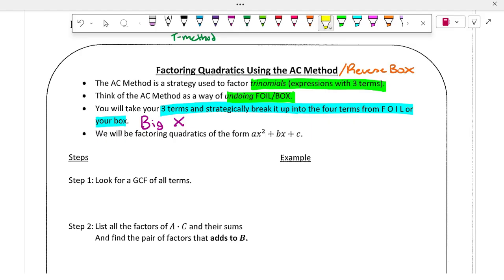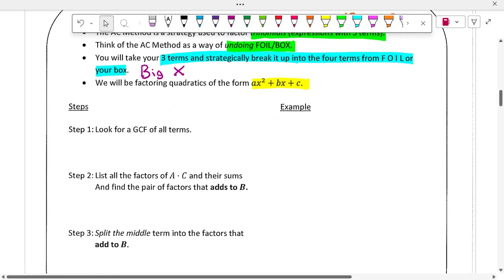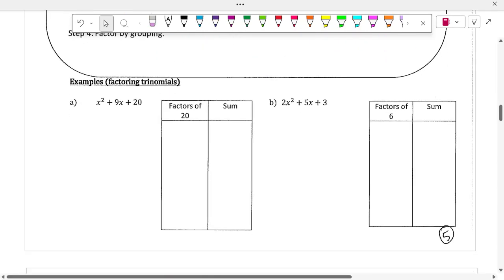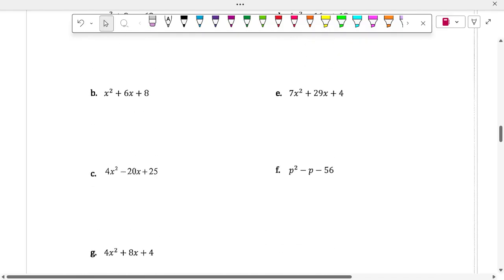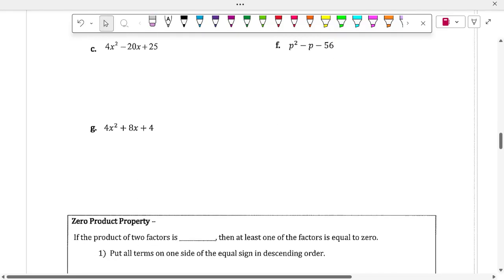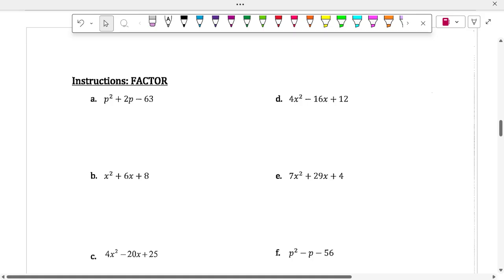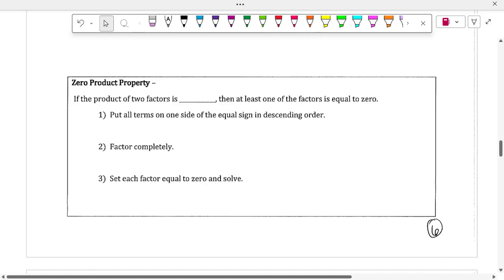And we always factor quadratics in their proper standard form, so ax squared plus bx plus c. So let's do a quick example just to show you how to do it.